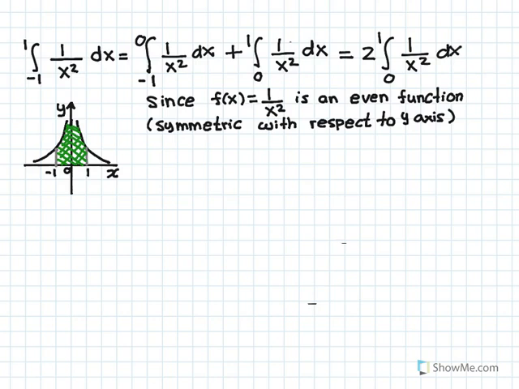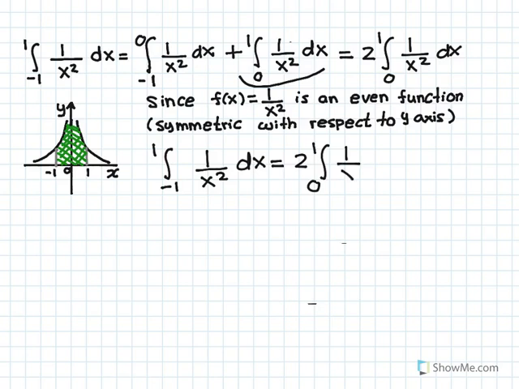That means we only need to compute the second integral and just multiply it by 2. So the function is symmetric with respect to the y-axis. That simplifies our computation. So the integral from negative 1 to 1, 1 over x squared dx is equal to 2 times the integral from 0 to 1, 1 over x squared dx.